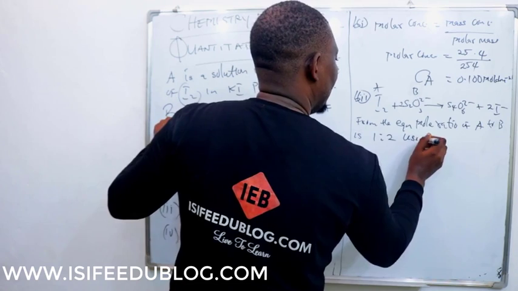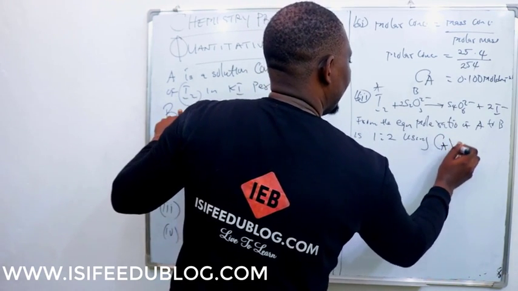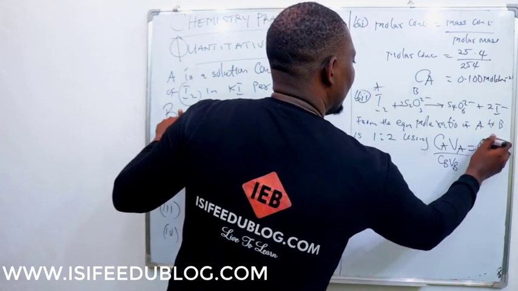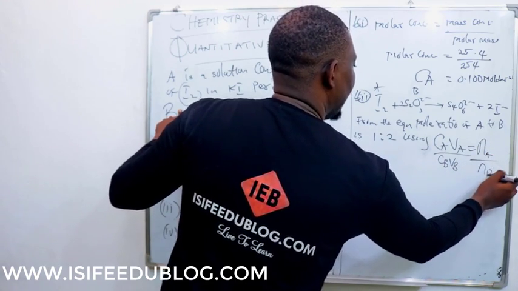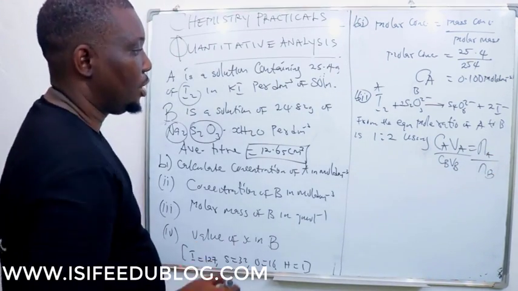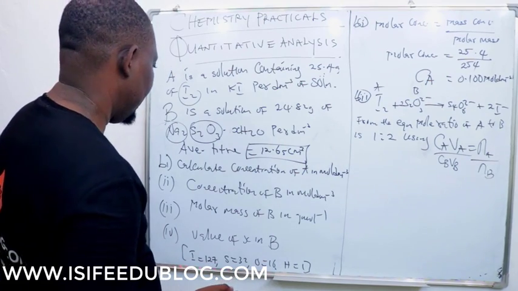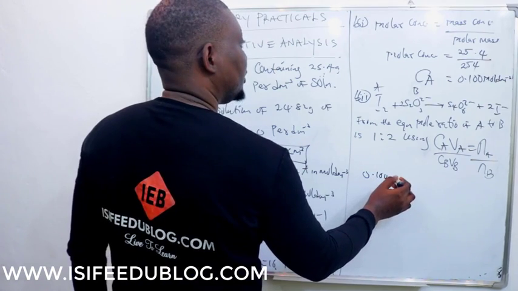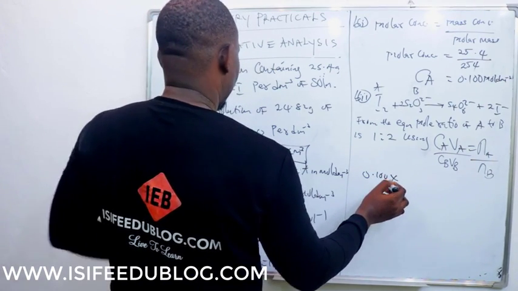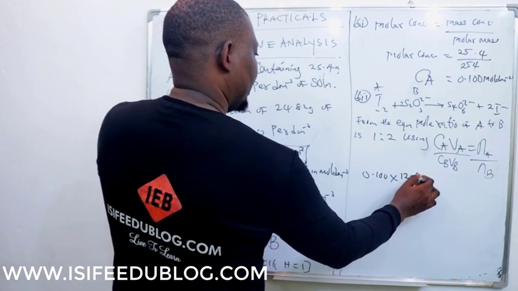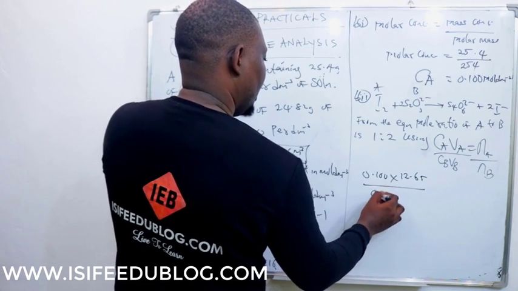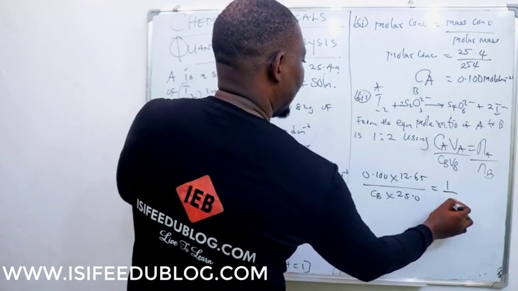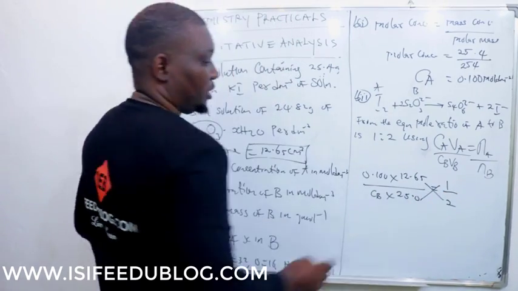So using CAVA upon CBVB equals to NA upon NB. Okay, our CA is known as 0.100 times 12.65 upon CB times 25.0 equals to 1/2. We cross multiply.